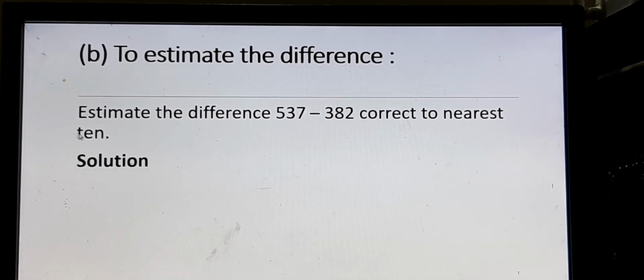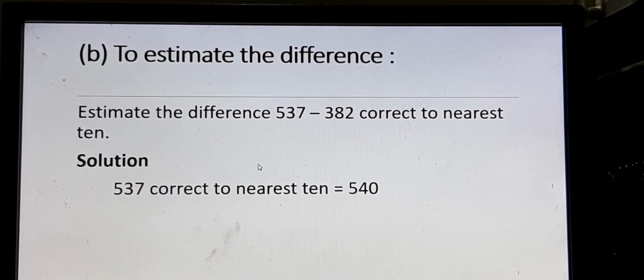Okay, so we have to round it off to tens place. So 537, you have to look at the units digit 7. 7 is bigger than 5, strong man. So it will give 1 here. So we get 540. And then 382. Again look at this position, units position 2. 2 is a very poor, weak number.